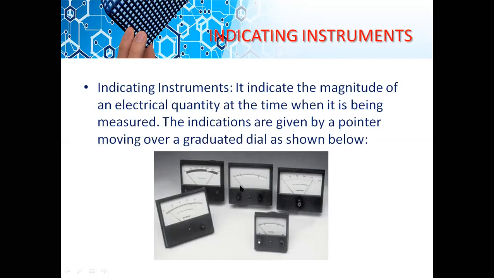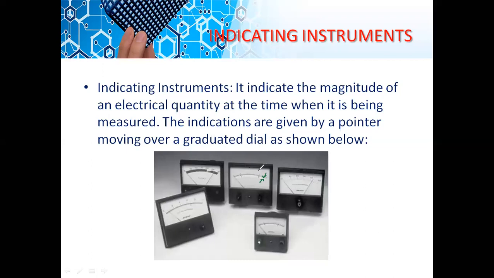Pointer will have deflection from this point to this point. And here you can see a mirror in this gap. That mirror is placed to reduce the parallax error while taking the readings.